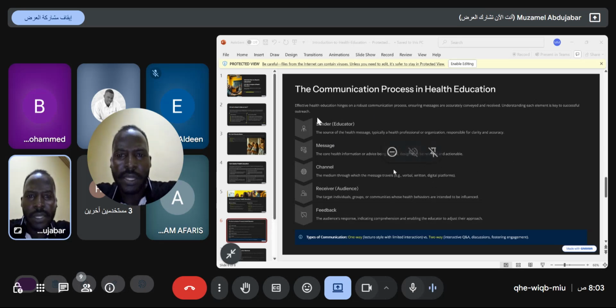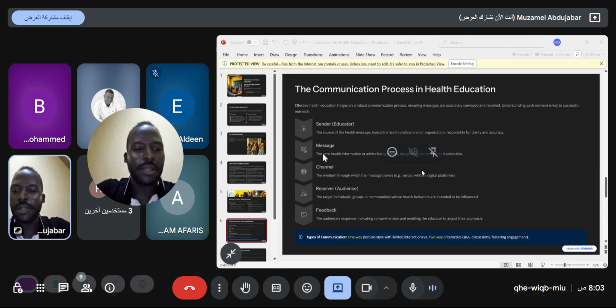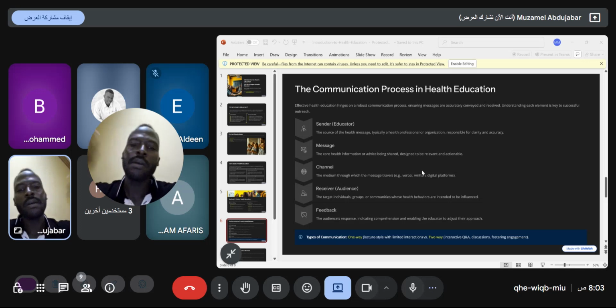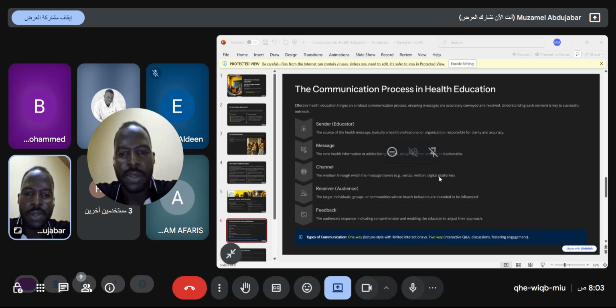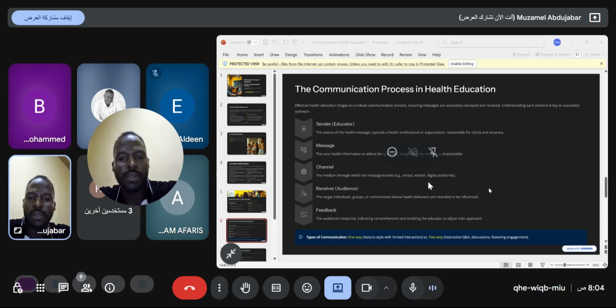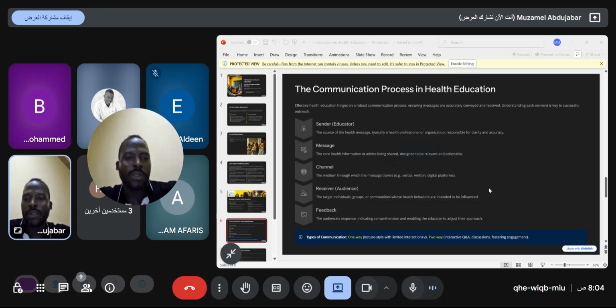Additionally, in the health communication process, the first element is called the sender or educator, the person who sends the message. Second is the message, for example awareness and precautions about cholera. Third is the channel: the way you are going to send the message, whether verbal or written. Fourth is the receiver, the people who receive this message.